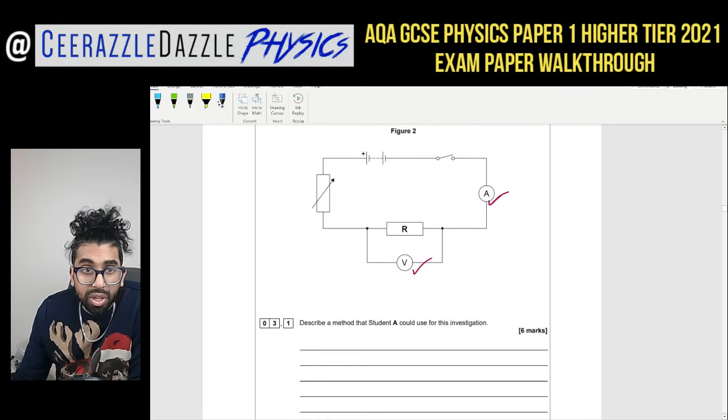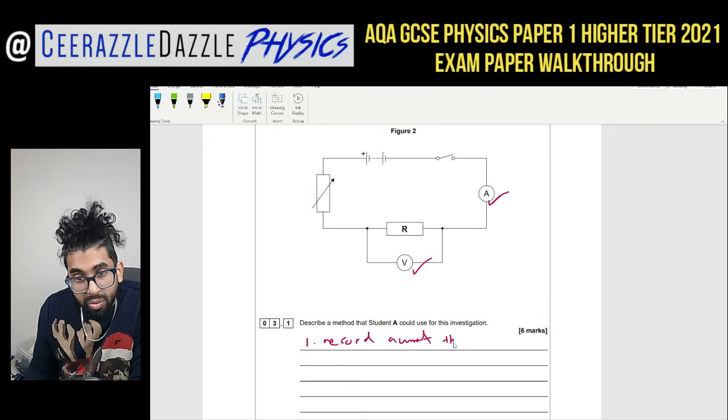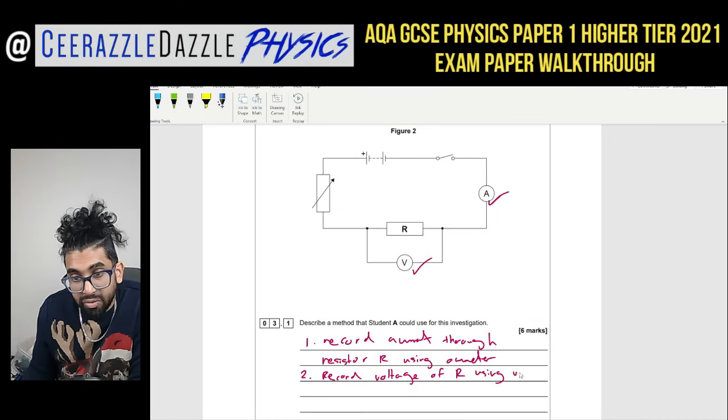Number 1, record the current through R, the resistor R, using the ammeter. And number 2 is to record the voltage of R using the voltmeter.